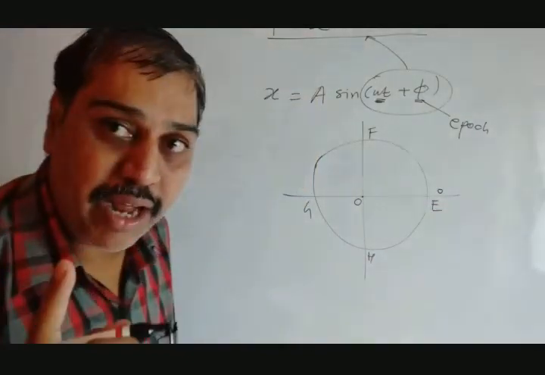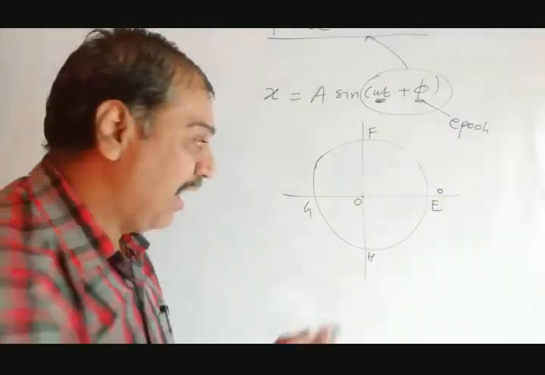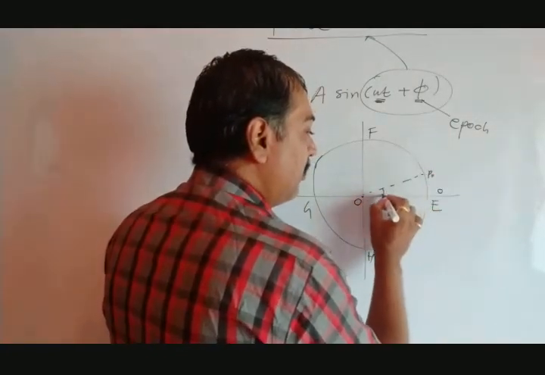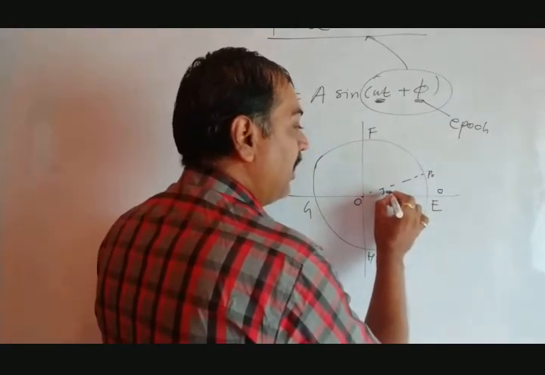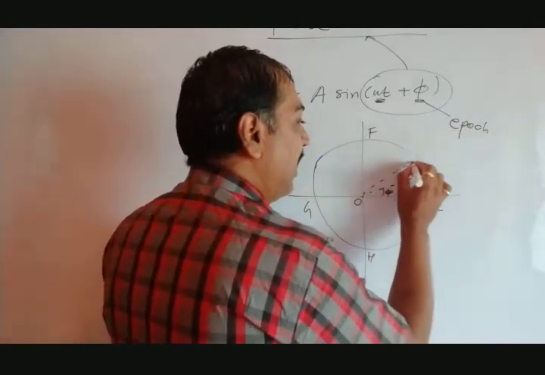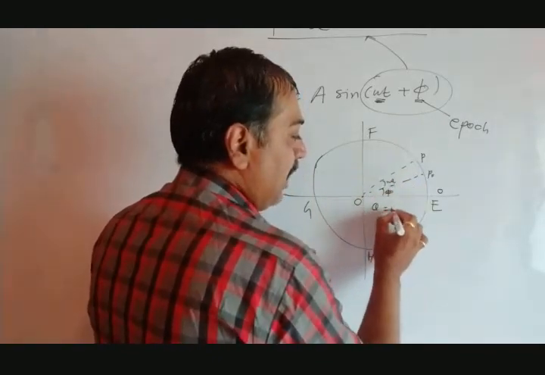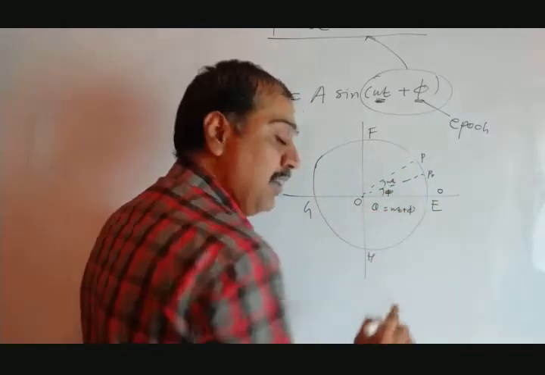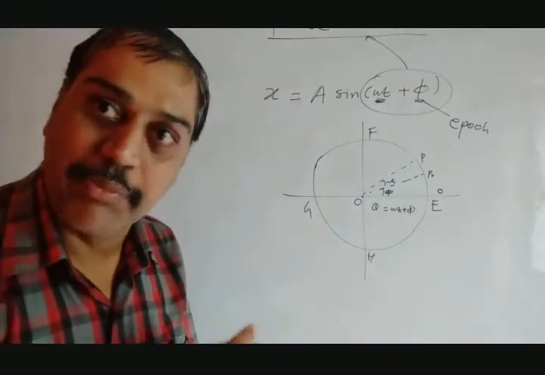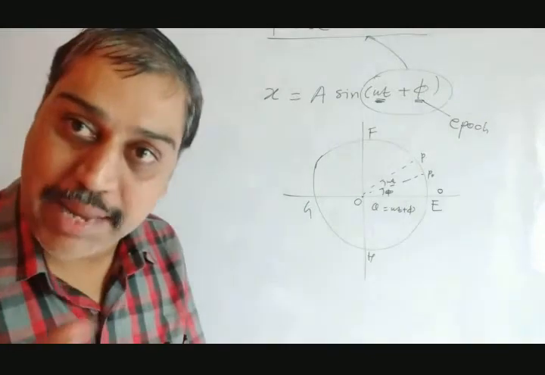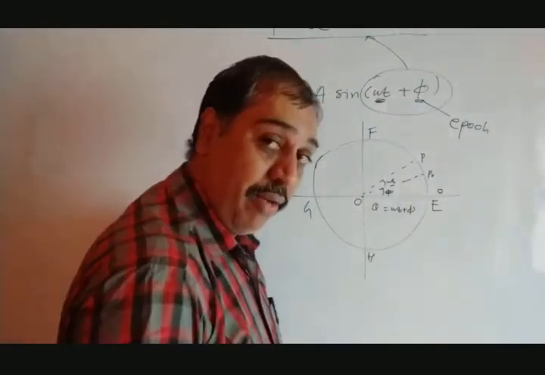If you remember, we have seen omega t plus phi, the angle made here at P0. Here it is omega t, or it is phi, and here at point P, it is omega t. The total angle theta is equal to omega t plus phi. This thing we have already learned in the topic projection of UCM as SHM along the diameter.